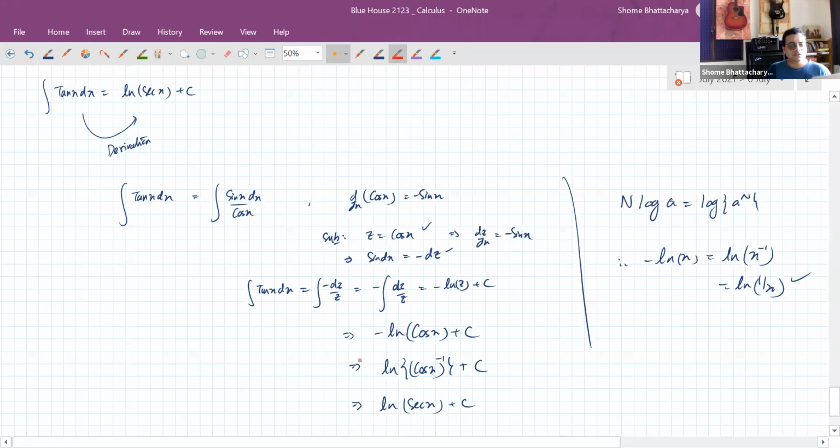You can use this to also prove similarly that integral of cot x is minus ln cosec x plus c, or you can also write it as ln sin x plus c.